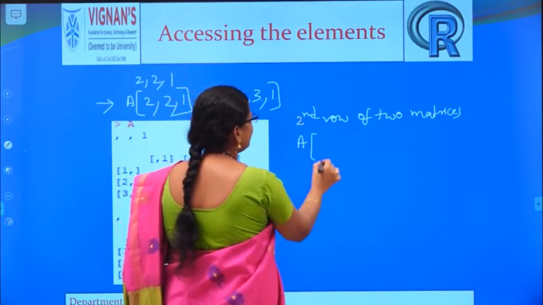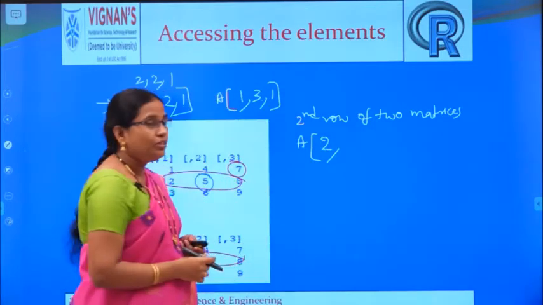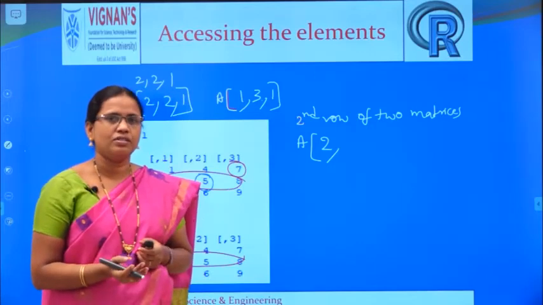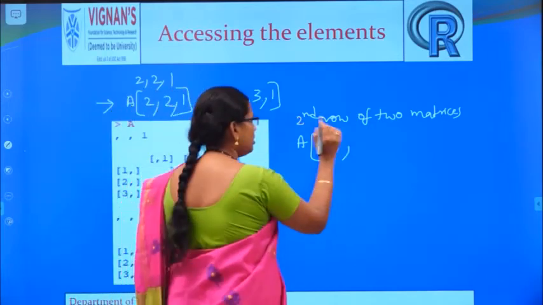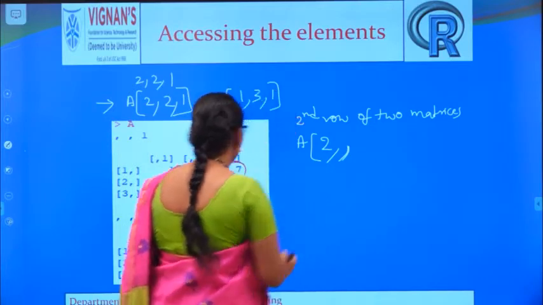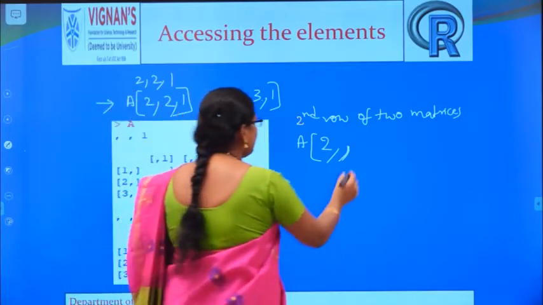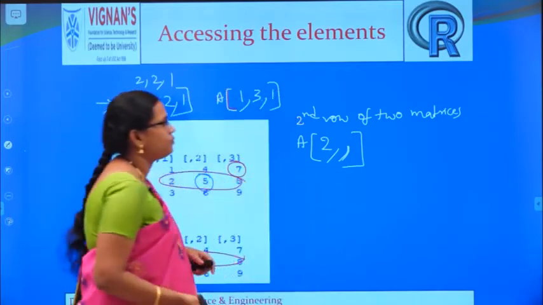A of 2 comma. To specify the second row, you need not specify the columns, so leave them empty, just give the comma. And since we have two matrices here, you need not specify the matrices, just give it as empty.